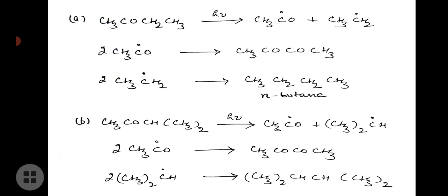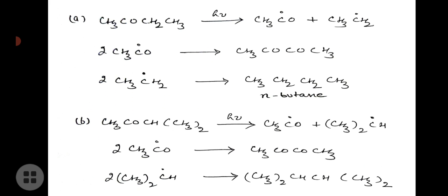Here two examples are discussed, A and B. In the first example, you can see a ketone, 2-butanone. On absorption of light, acetyl radical and ethyl radical are formed.